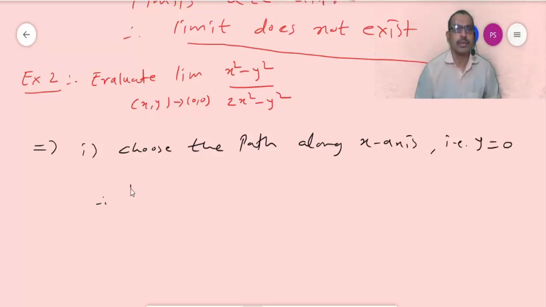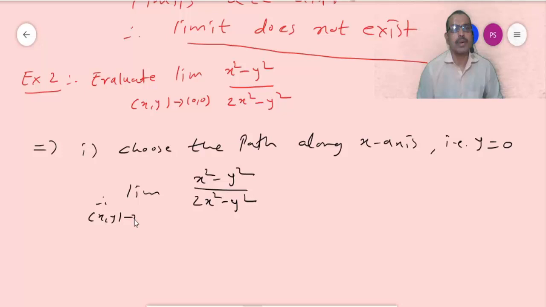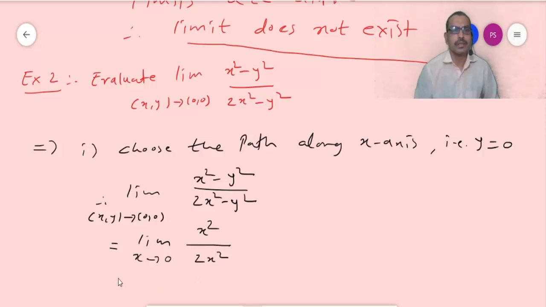Therefore, the limit of x square minus y square upon 2x square minus y square as xy tends to 0, 0 is equal to, as x tends to 0, x square upon 2x square, that is equal to 1 half. Here the value of the limit is 1 half.